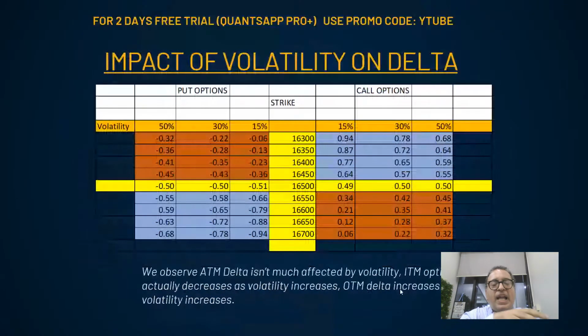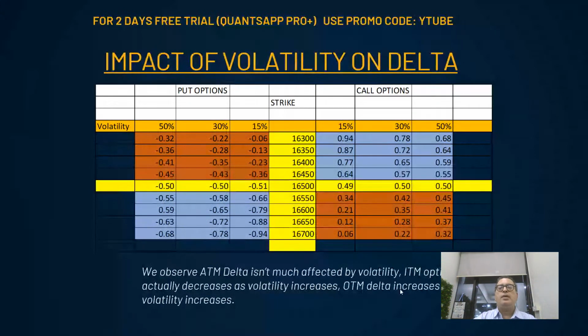Similarly, implied volatility, or the volatility impact on the delta. Now consider a nuance: if the volatility is 15%, we are observing a 16,300 call at 0.94 with one day to expiry. Now suppose the volatility was very high, say 50%. So the fluctuations become larger in essence.